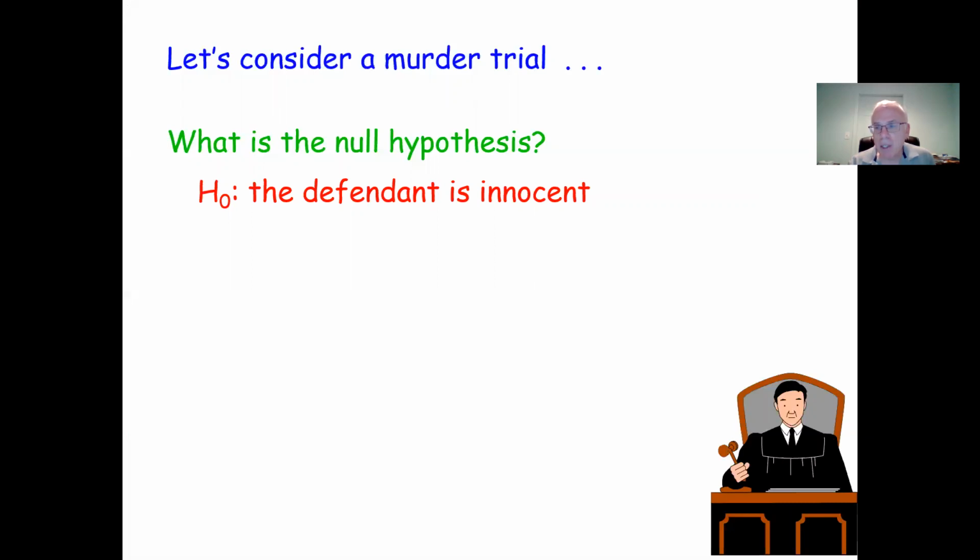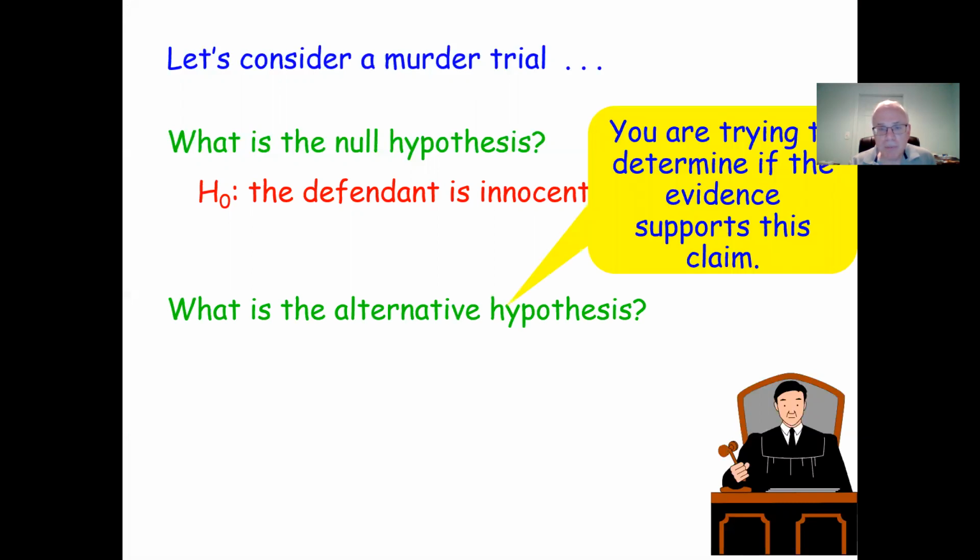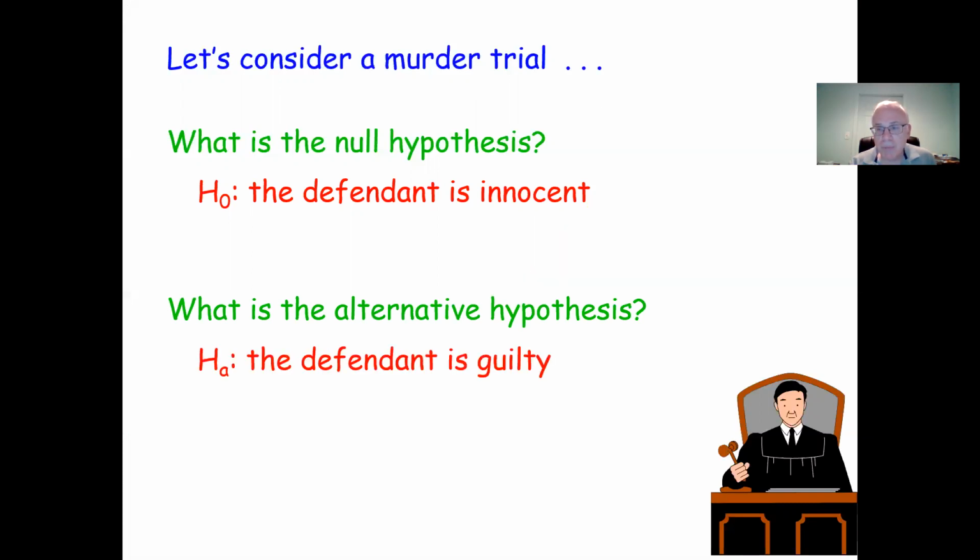So what is the competing hypothesis? Well, it's that the defendant is guilty. And in a court of law, how do you determine if the defendant is guilty? There must be so much evidence that it goes beyond a reasonable doubt. That's the term they like to use in law.